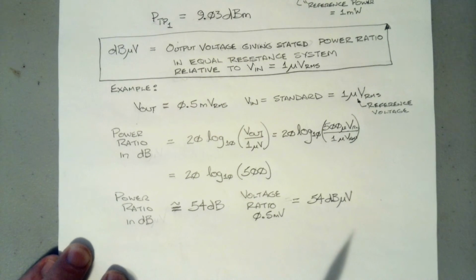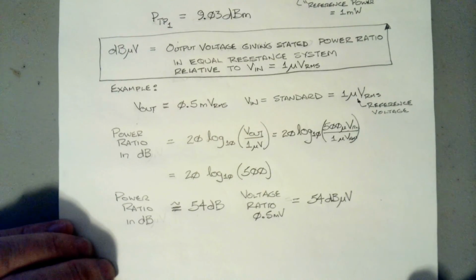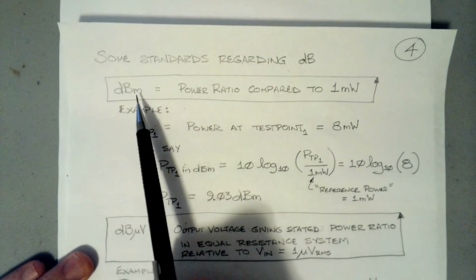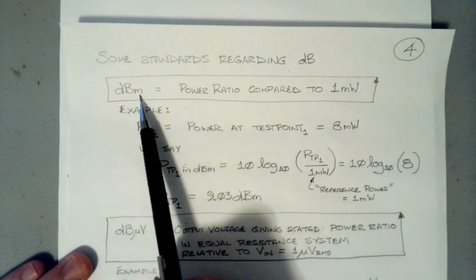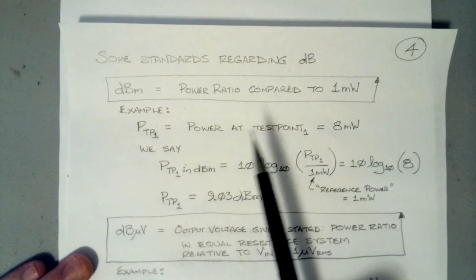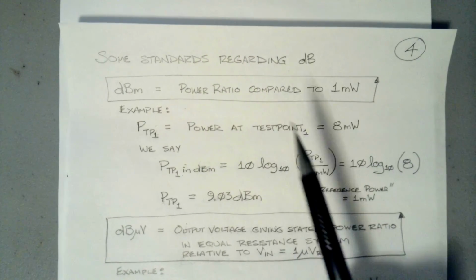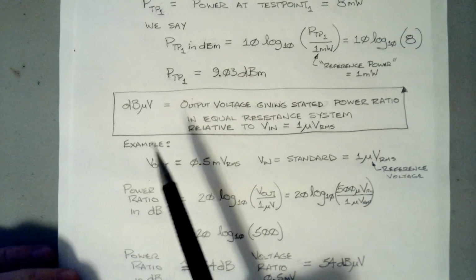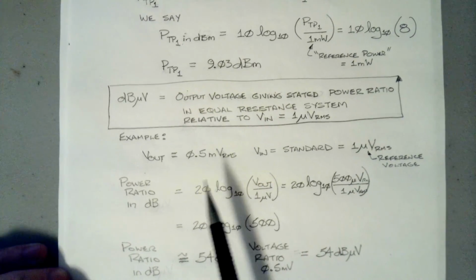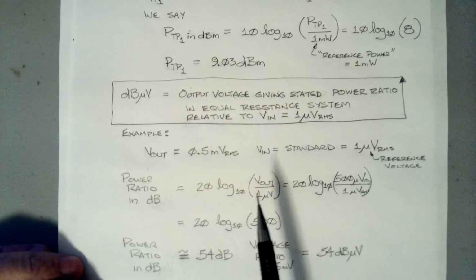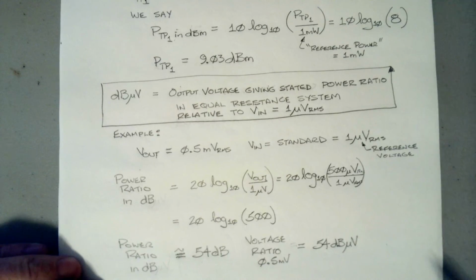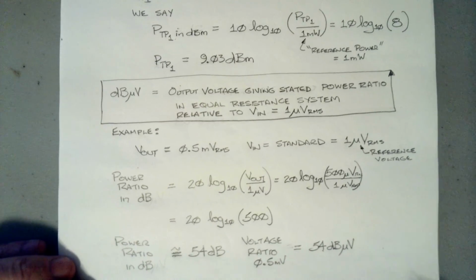But dB microvolt gets used sometimes in very, very small signal systems, obviously. But the one you're going to see most often is dB milliwatt. dBm is the power ratio compared to 1 milliwatt. And some of these dB microvolt things, you have to look and see how it's being measured. You can look it up and find out more about it.